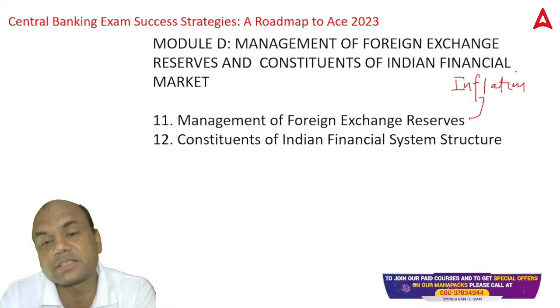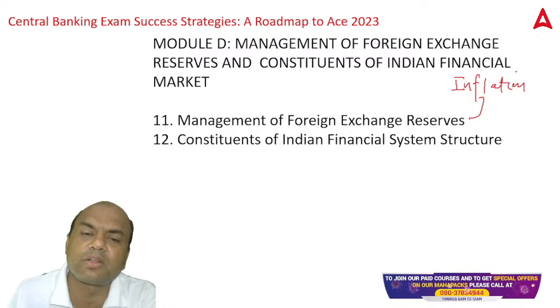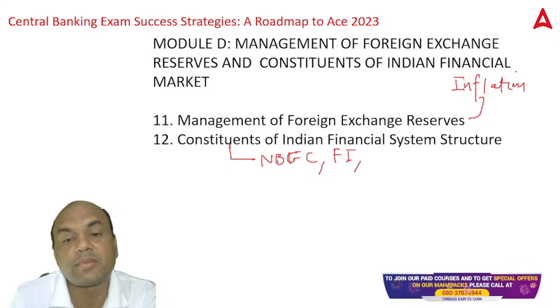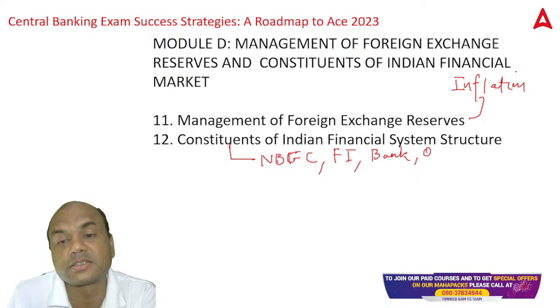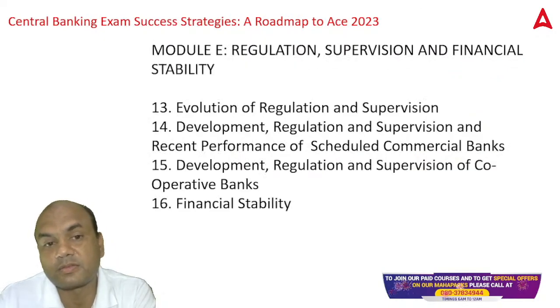Constituents of the Indian financial system structure will include NBFCs, then financial institutions like NABARD, then banks. Now we also have private lenders, meaning online lenders, which has also become an important part. So this is module D.